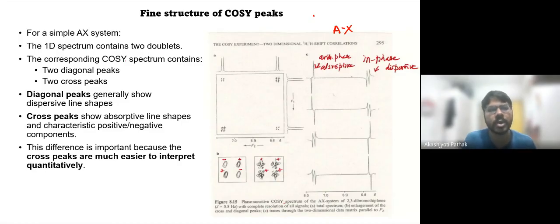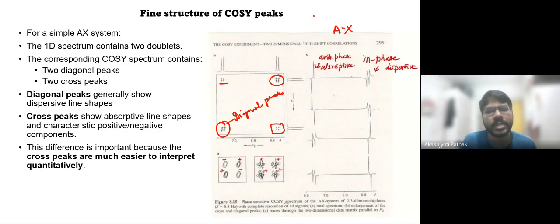The corresponding COSY spectrum will contain two diagonal peaks and two cross peaks. These are your two diagonal peaks, this one and this one, and these are your cross peaks, this one and this one.